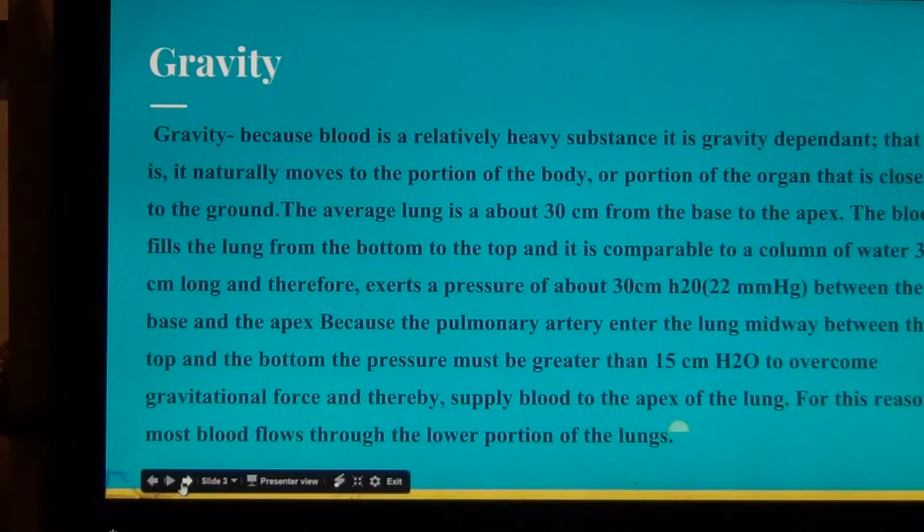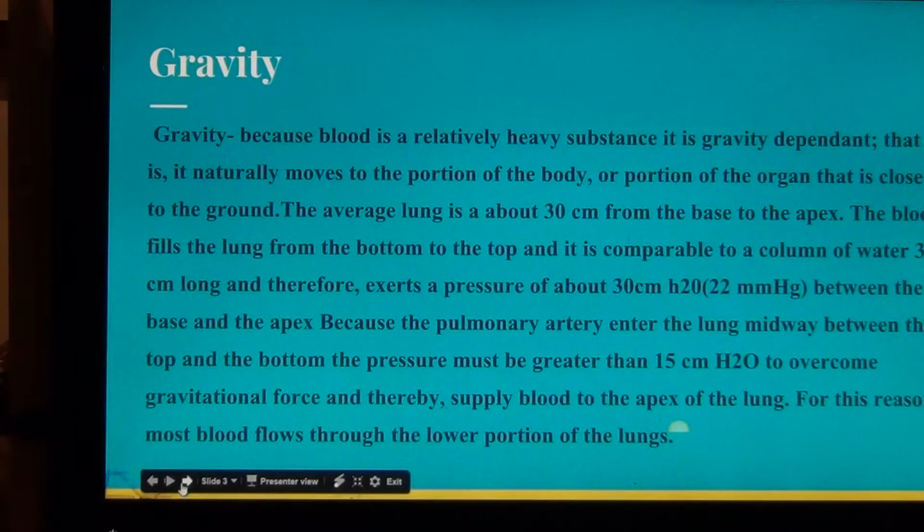The blood fills the lungs from the bottom to the top, and it is comparable to a column of water that is 30 centimeters long, and therefore exerts about 30 centimeters of water pressure, or 22 millimeters of mercury, between the base and the apex.